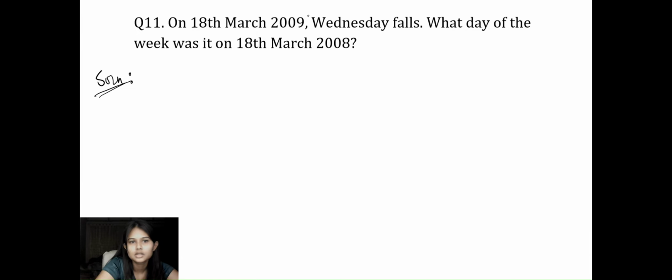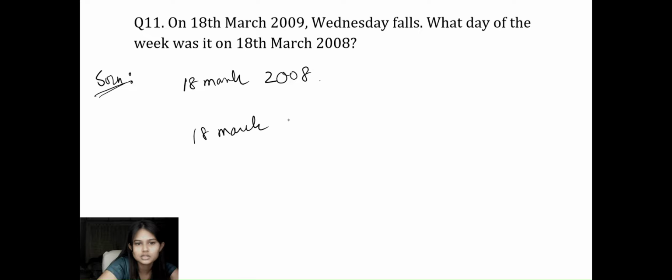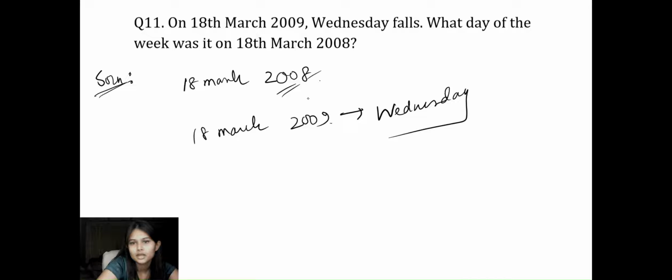What we have been given is 18 March 2009, Wednesday. So what day? Can we just do it like 18 March 2008 first comes, then 18 March 2009 comes. Now see, this is a leap year, very importantly. So this is given as Wednesday. This is a leap year.